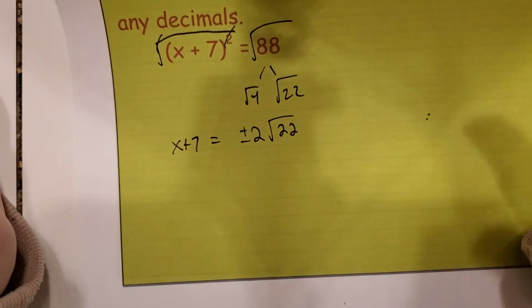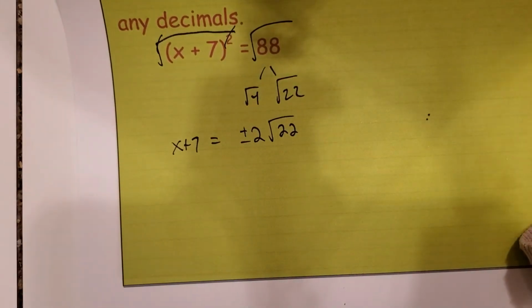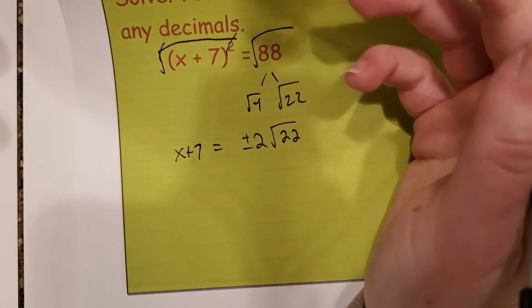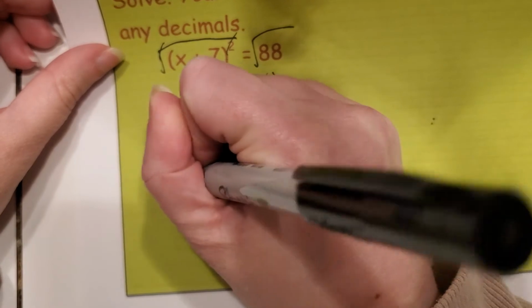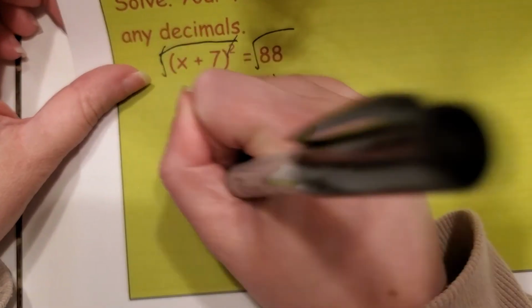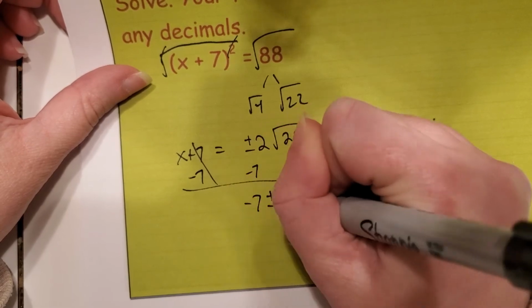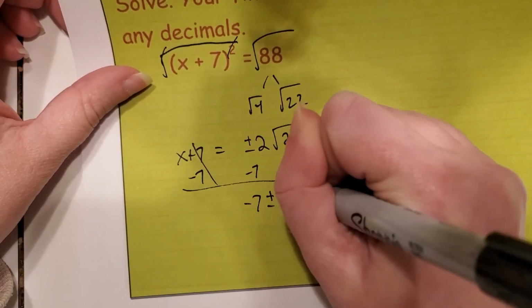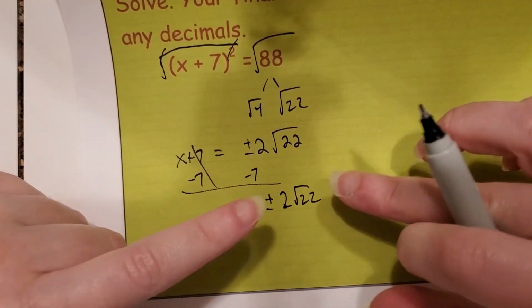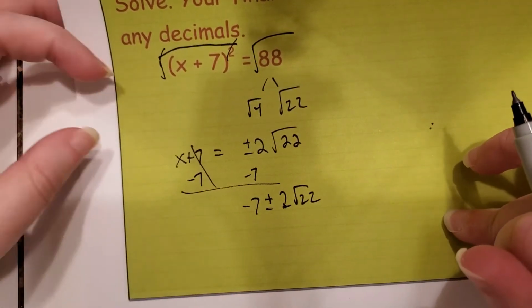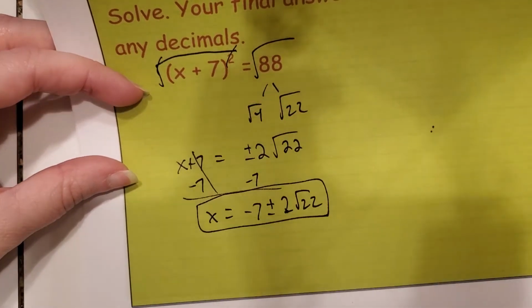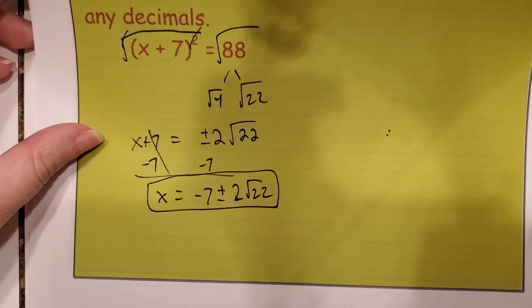So you could split this up if you want to, but mostly for the sake of time, and also for the sake of organization, because -7 plus or minus 2 root 22 in the math world looks a whole lot nicer than having your two solutions separate. So there you go for that one.